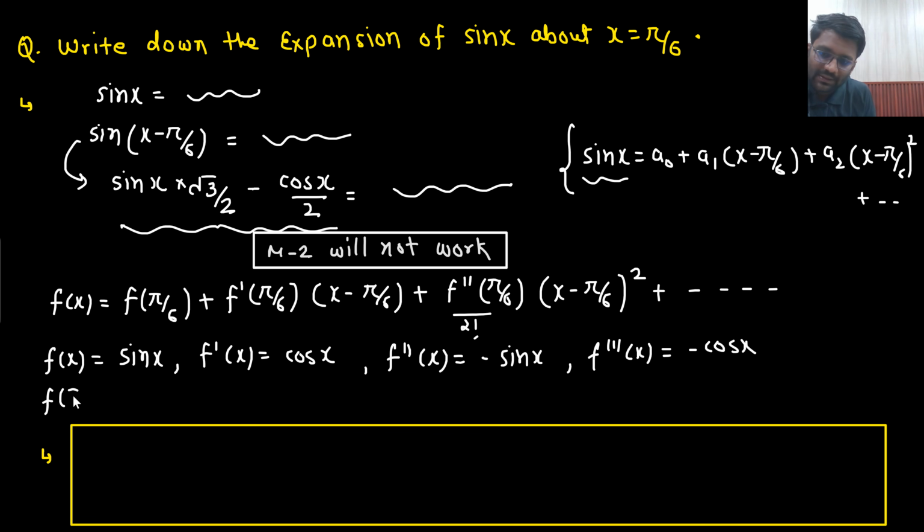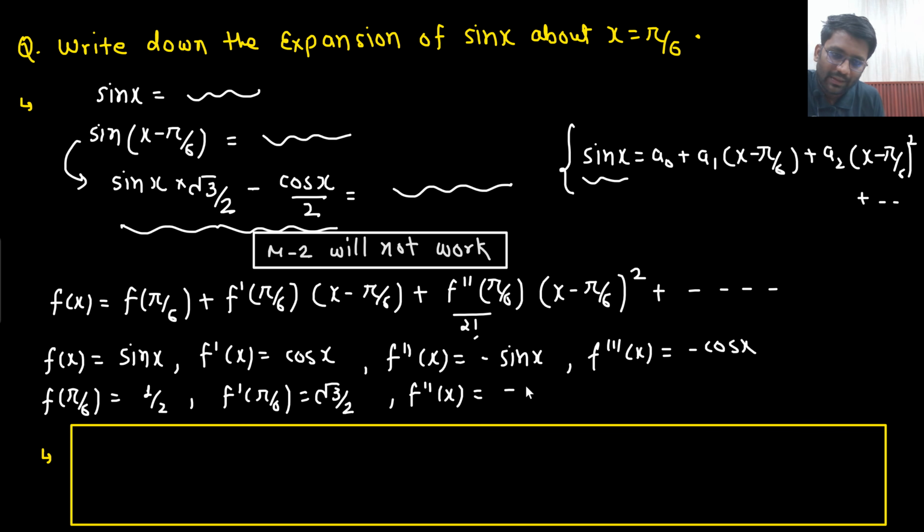Now simply put pi by 6. What is the value of sin pi by 6? 1 by 2. Cos pi by 6 is nothing but root 3 by 2. Minus sin pi by 6 will be minus 1 by 2. Then you will get minus root 3 by 2.